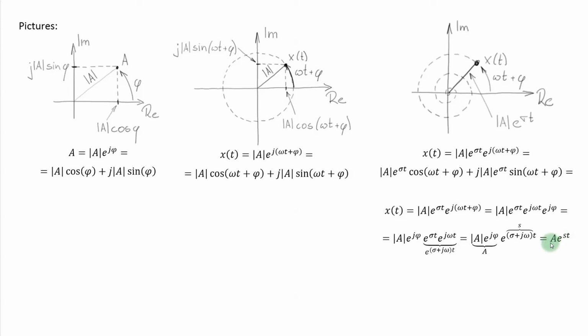The complex amplitude, that is this complex number, will give you the real amplitude of the cosine and sine, and it will also give you the phase of the cosine and sine. And the complex frequency, that is this complex number, will give you how much the cosine and sine is being damped, and it will also give you the angular frequency of the cosine and sine.